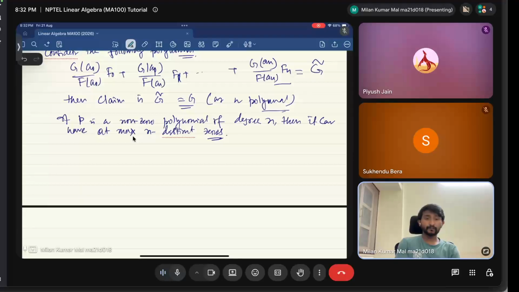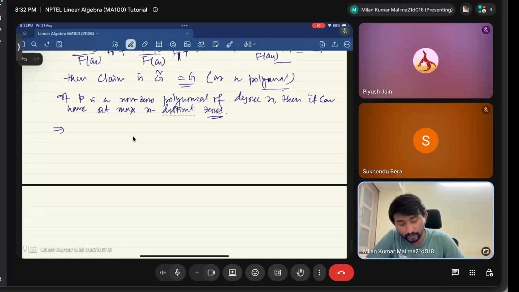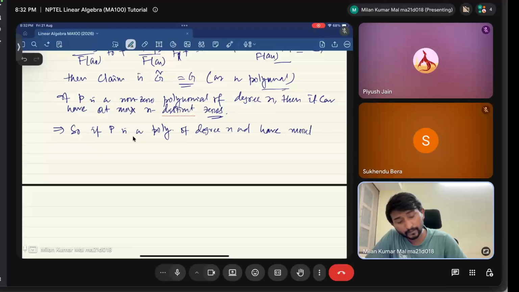So that means if you consider a polynomial of degree n that has more than n distinct roots, then the polynomial has to be 0. If P is a polynomial of degree n and has more than n distinct roots, then P has to be identically 0.